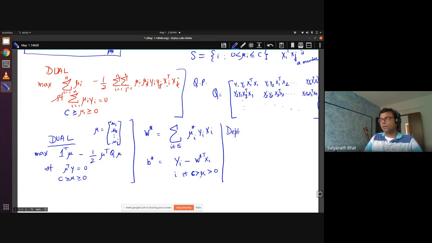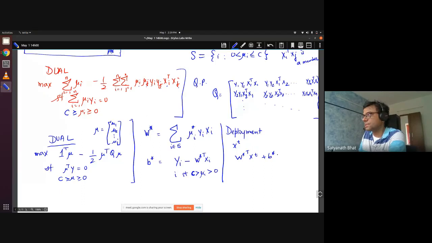In deployment, given a test point x test, we will compute w star transpose x test plus b star.